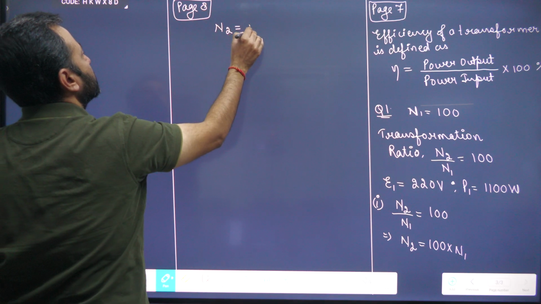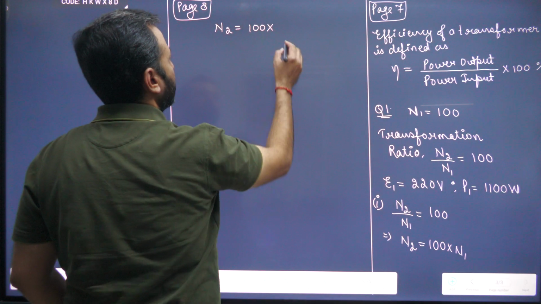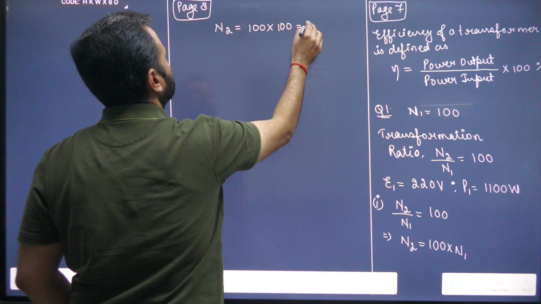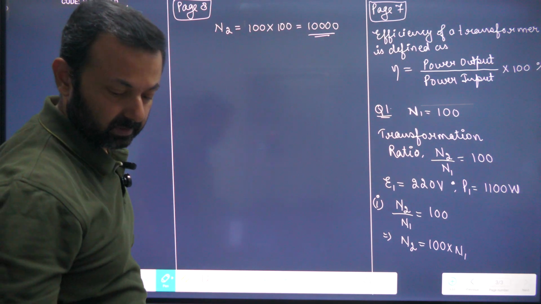N2 is equal to 100 multiplied by 100, 10,000. The number of turns in the secondary is 10,000.